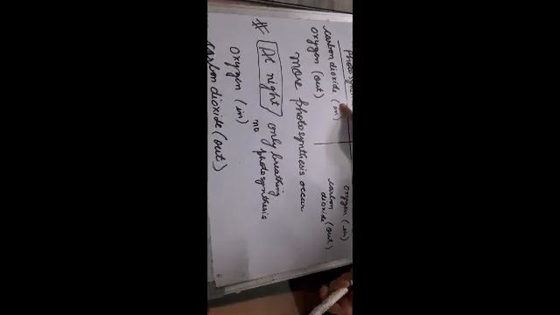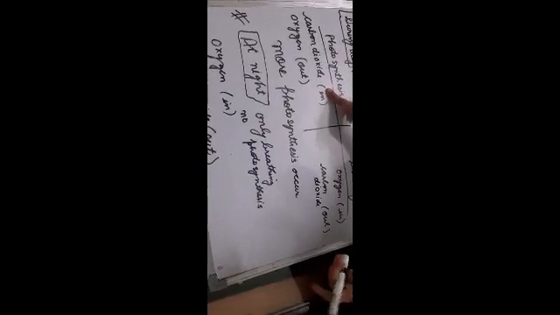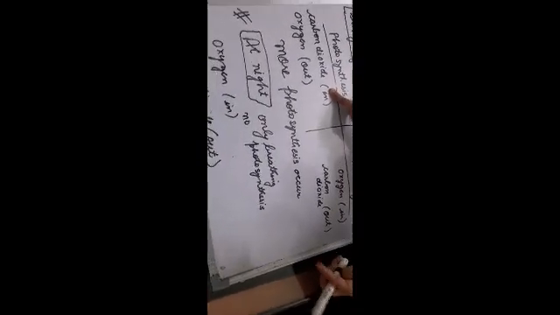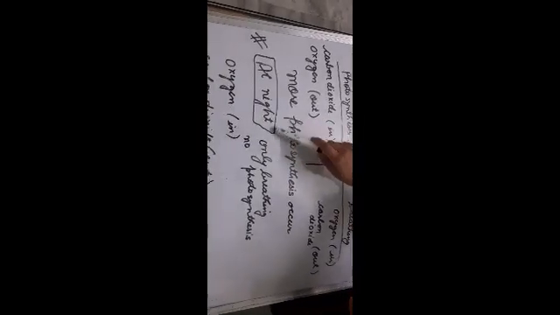It's not that during the day only photosynthesis occurs, because plants also need to breathe. They also need to take in oxygen. So both these things occur. But at night, because there is no sunlight, no photosynthesis will occur, only breathing will take place. So at night oxygen will move in and carbon dioxide will move out.